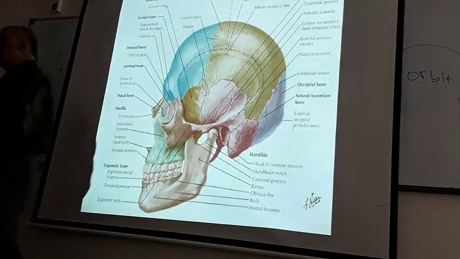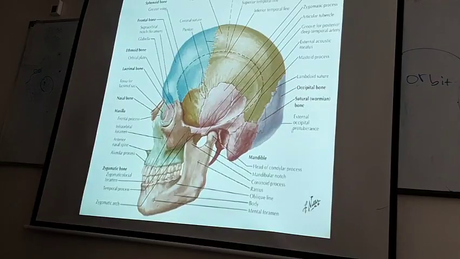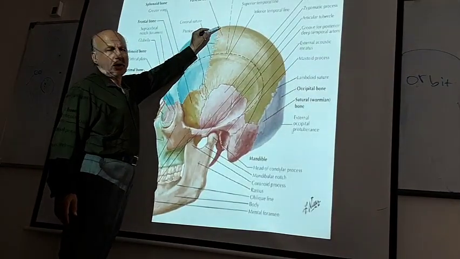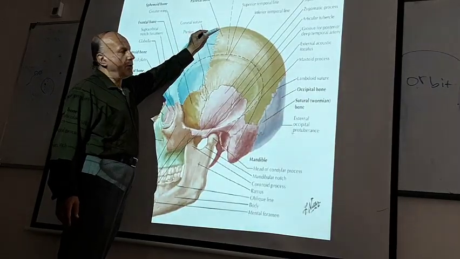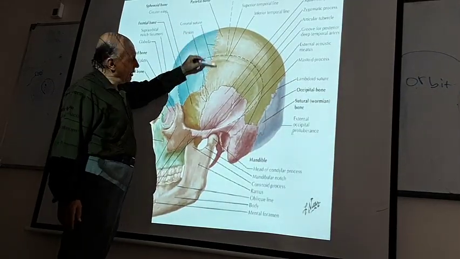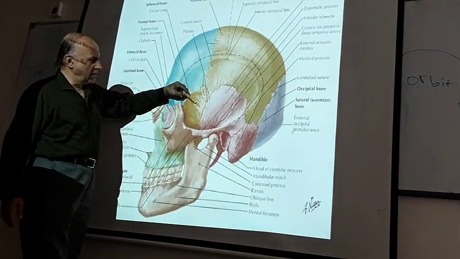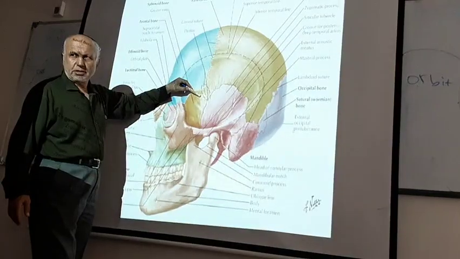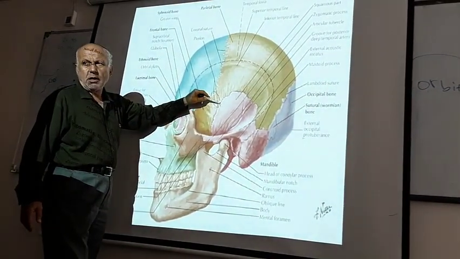The parietal bone has four angles. The anterosuperior angle articulates with the frontal bone and is named the frontal angle. The anteroinferior angle articulates with the greater wing of the sphenoid and is named the sphenoidal angle.